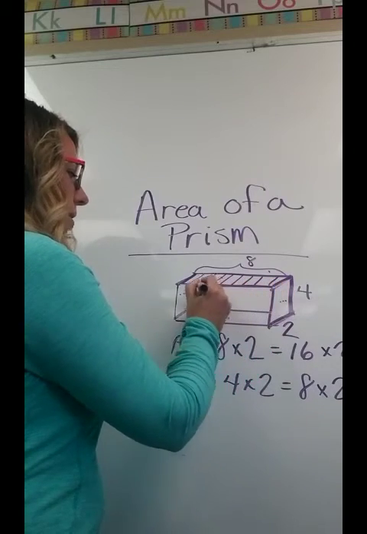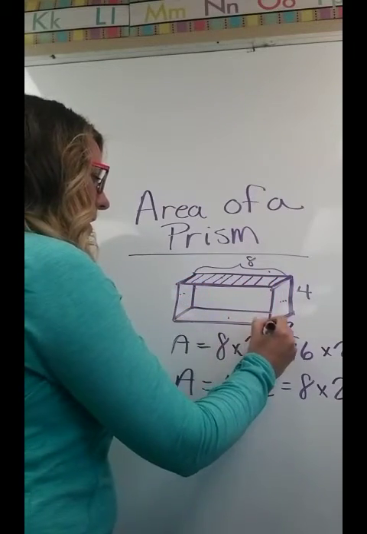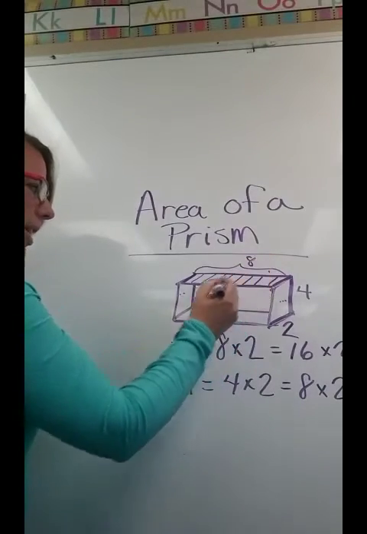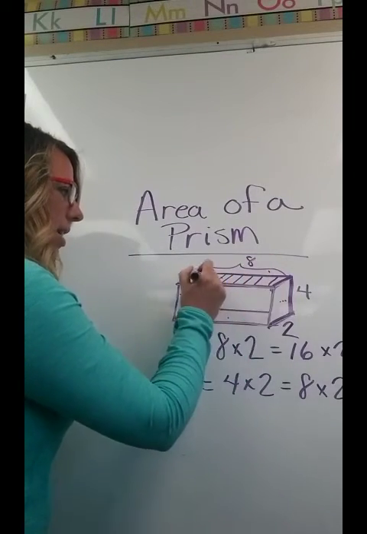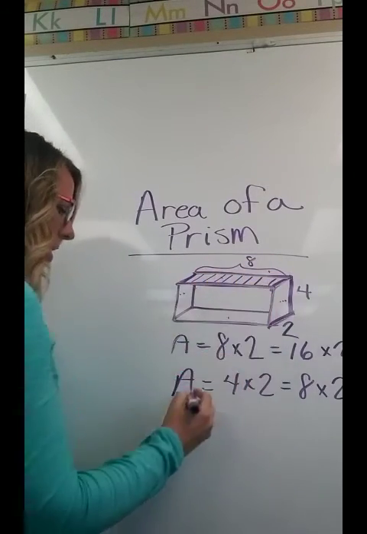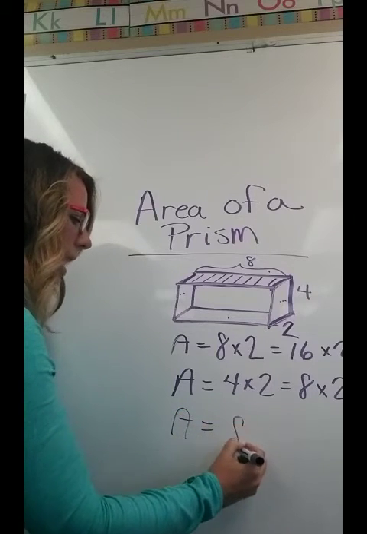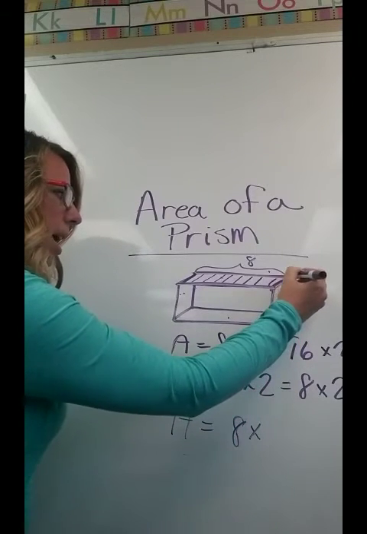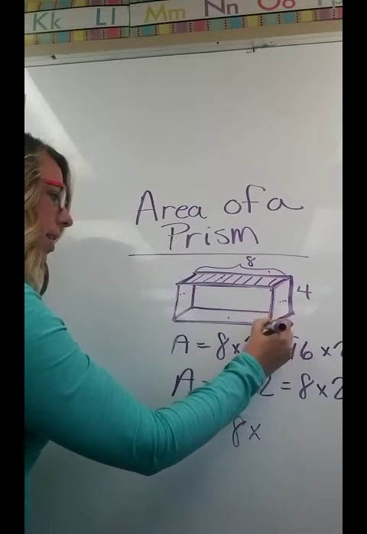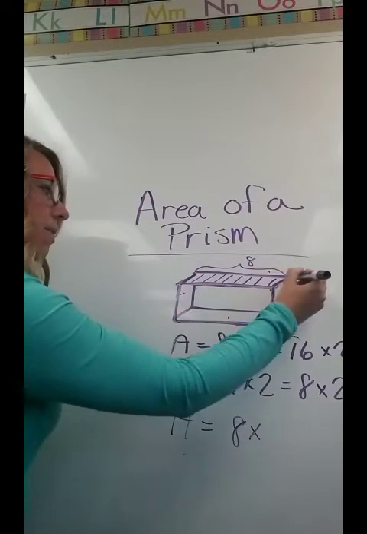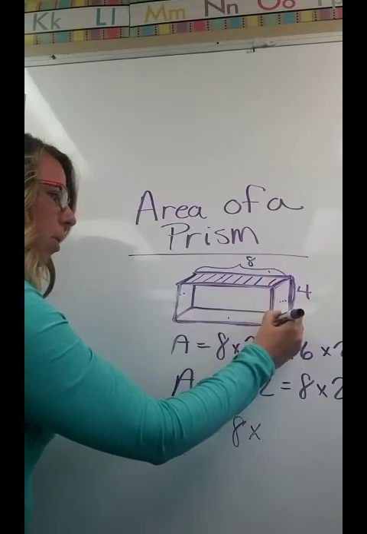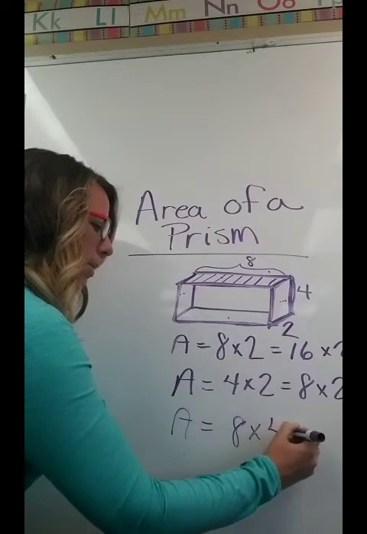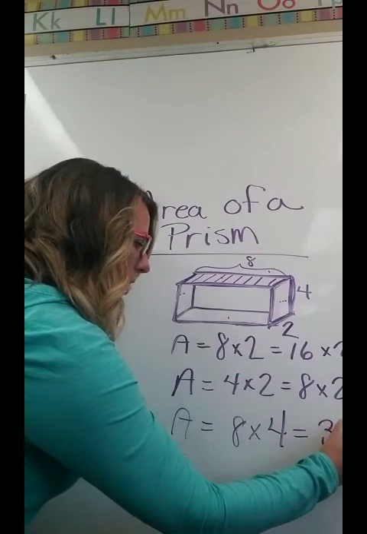Now you can figure out this front part right here. To figure out this, you're going to take the length, which is 8. If it's 8 back here, it's going to be 8 right there. So area equals 8 times, we're figuring out this shape. If it's 4 back here, it's going to be 4 in the front. So 8 times 4 is 32.